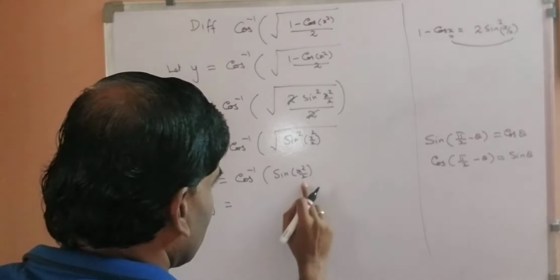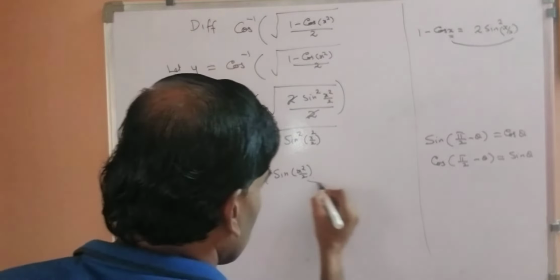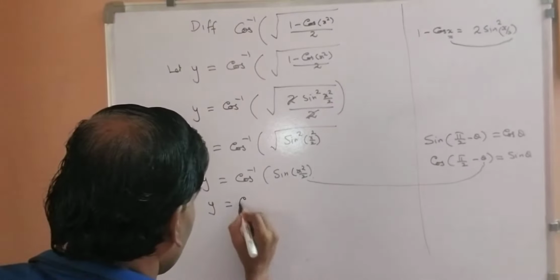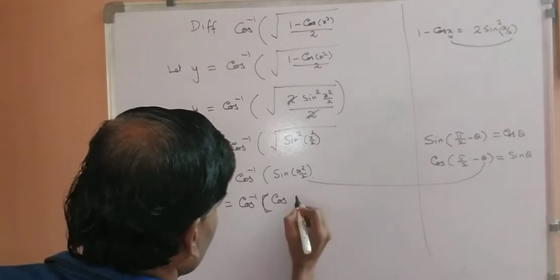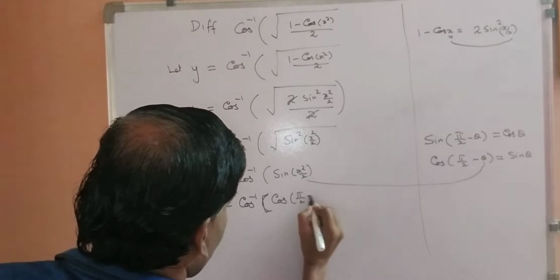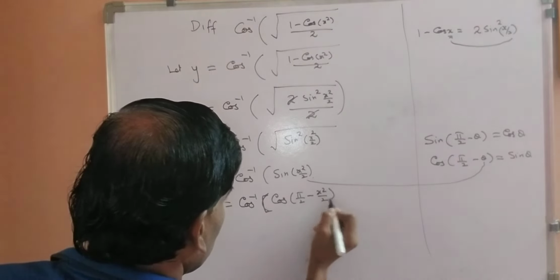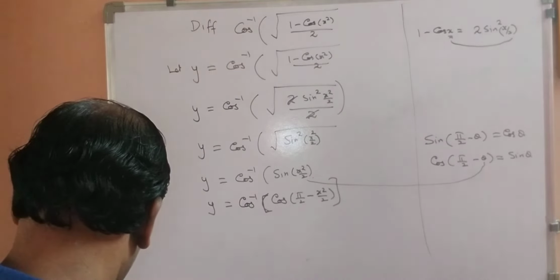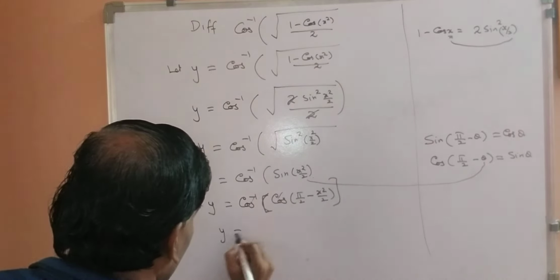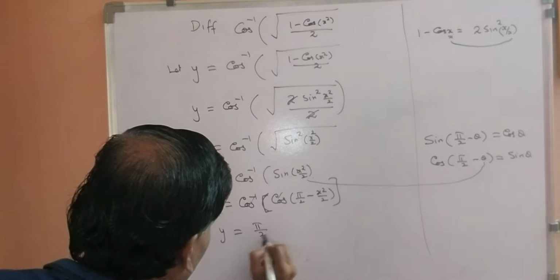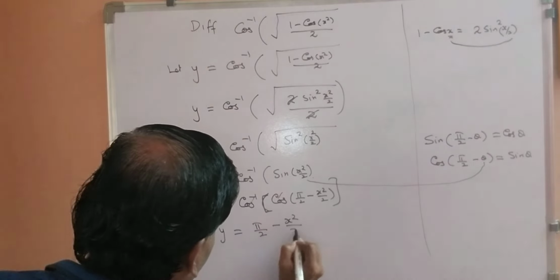So here what is theta? So this I will write as cos inverse cos of pi by 2 minus x square by 2. So cos will get cancelled. y equal to pi by 2 minus x square by 2.